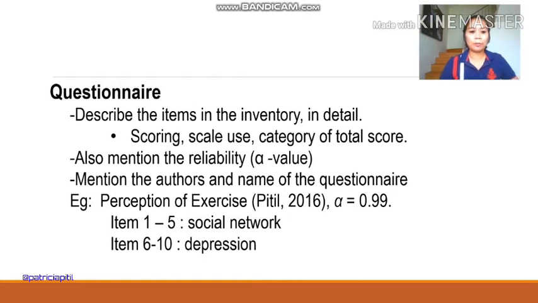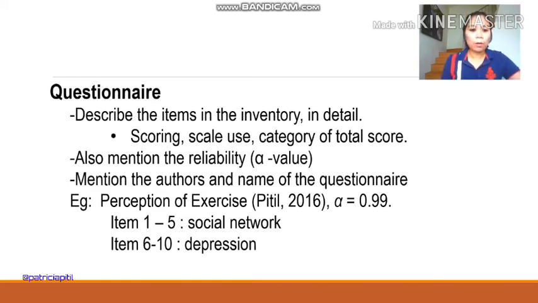My example will be perception of exercise. That's the name of the questionnaire. And some of you are using the Sport Imagery Questionnaire, the Athlete Burnout Questionnaire, ABQ, and then LSS leadership. Some of you do not have a name, but the author's name is available, so put the author's name, and then the R value or alpha value of it.